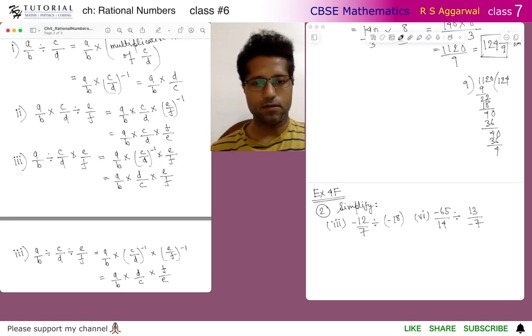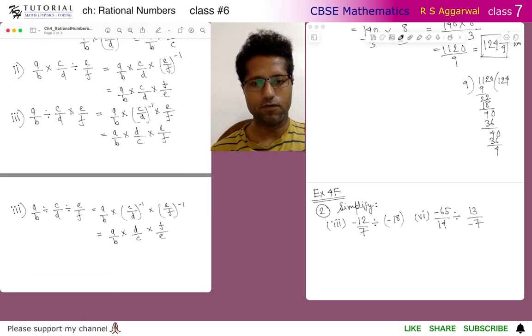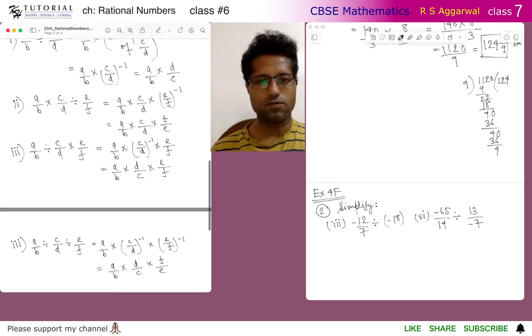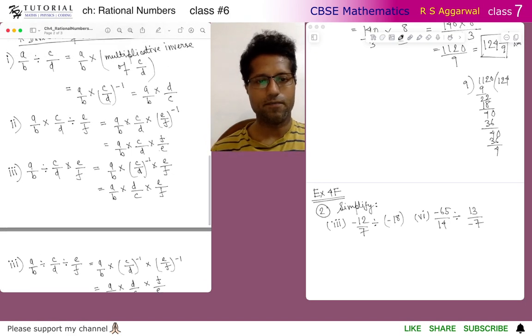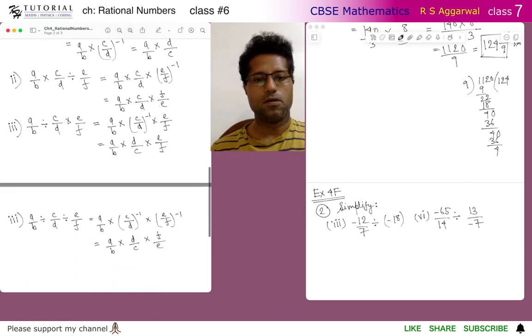So you can take these four forms for a better clarity of how you apply the multiplicative inverse in doing division of rational numbers along with the multiplication in an expression where you have multiple rational numbers connected by multiplication or division operators. Okay.